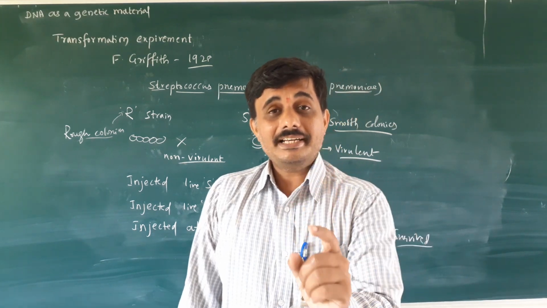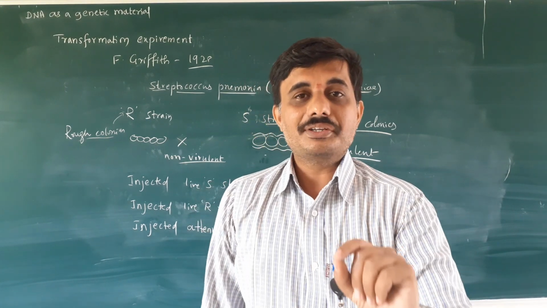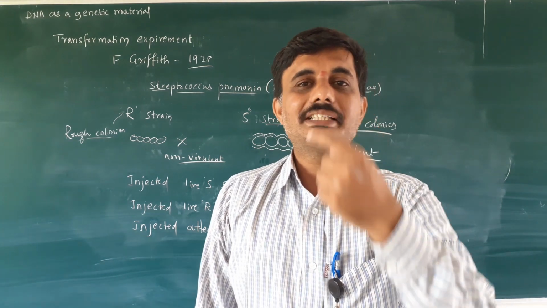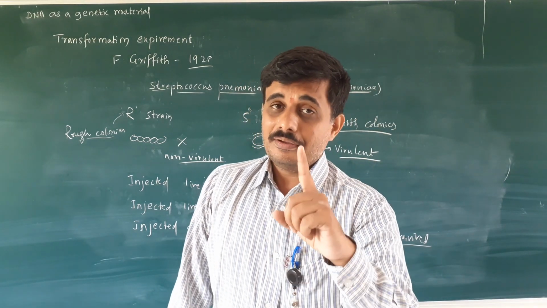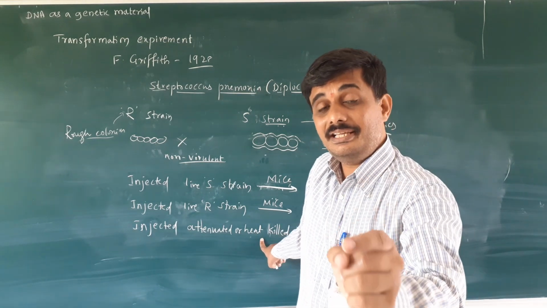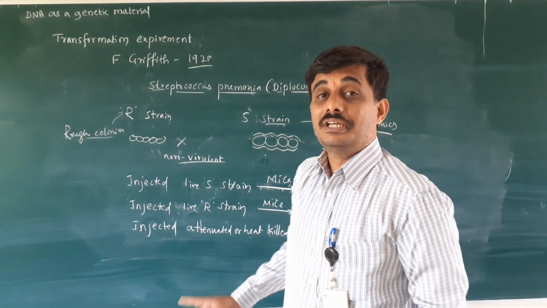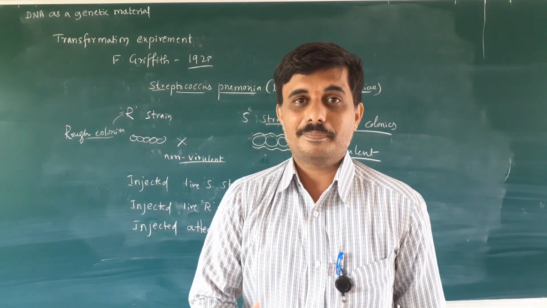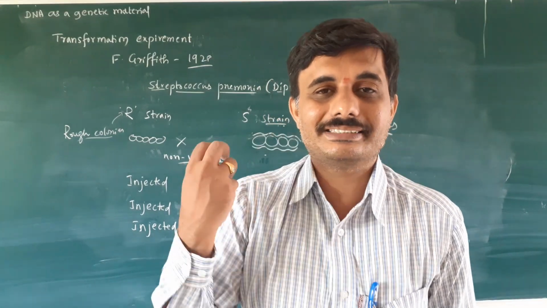Thus, the attenuated strains of the viruses are used for vaccination purposes. They lost the capacity of pathogenicity but retain the capacity of immunogenicity, meaning they provoke the synthesis of antibodies in us.